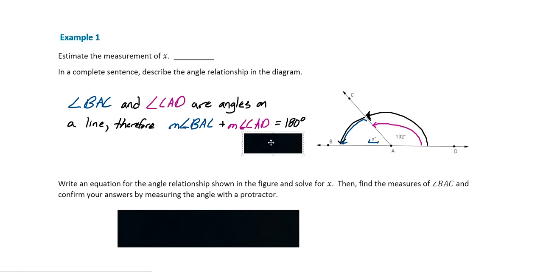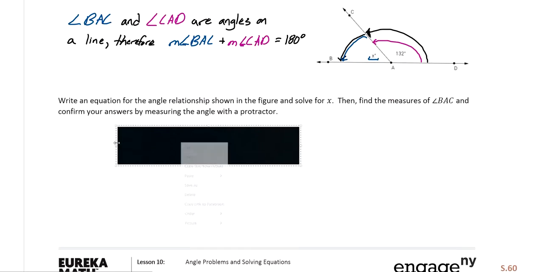So therefore, the measurement of angle BAC plus the measurement of angle CAD equals 180 degrees, because when we put those angles together, they form a straight line. So they're two angles on a line. It doesn't just have to be two, but in this case, it is just two.